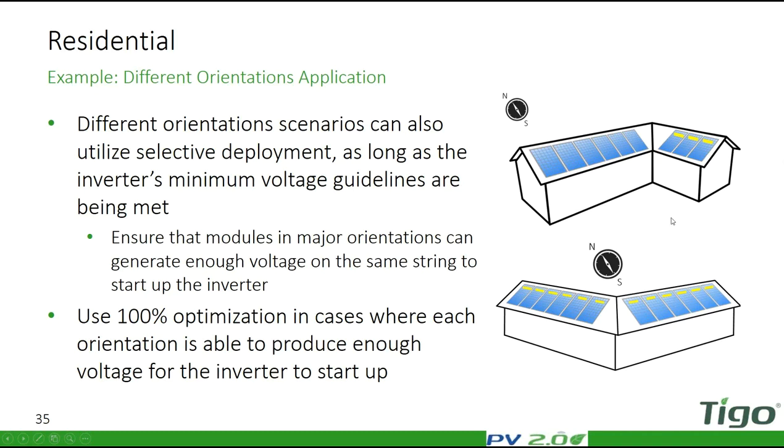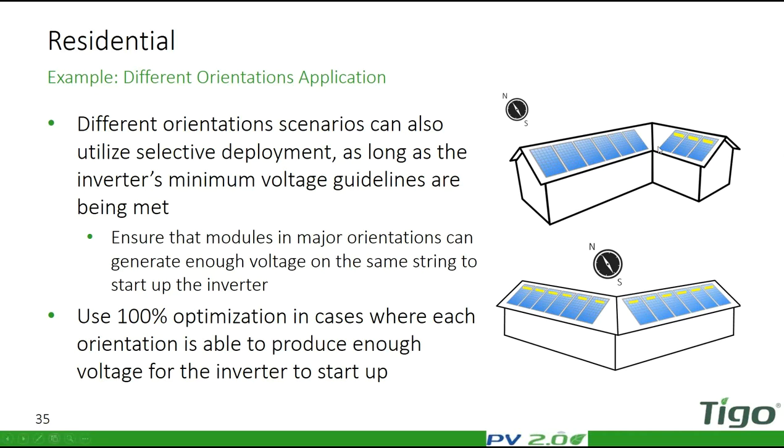When the sun is in the south, I have all the panels here able to produce high power, high voltage, turn on the inverter, and then all the panels that are here are a bit weaker because they don't get the direct sunlight, so they're effectively shade. You remember the example from the tree, wherever I have shade on a single string, that's where I optimize.